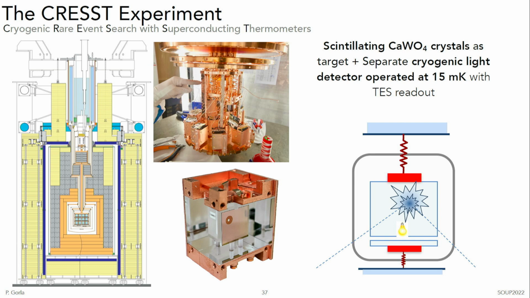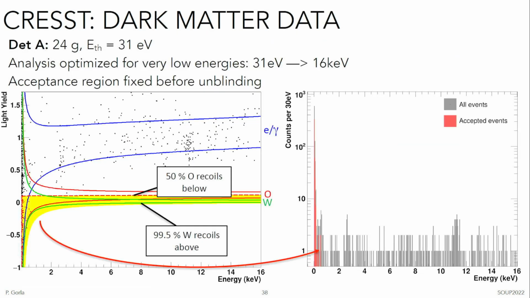But with this small detector, reducing in some way the heat capacity, CRESST was able to reach an energy threshold in the order of 30 electron volt, which is an unprecedented low energy threshold in the field, and allowed CRESST to set very important limits on extremely light dark matter candidates.